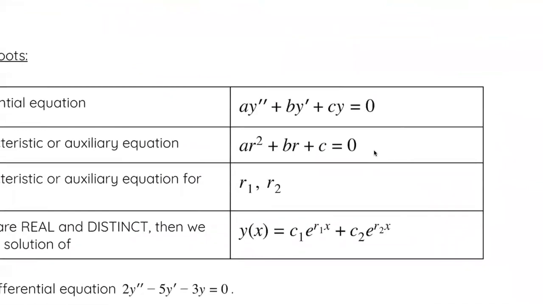So either ar squared plus br plus c, or am squared plus bm plus c equals 0. It's a personal choice whether you use r or m. That is definitely up to you.